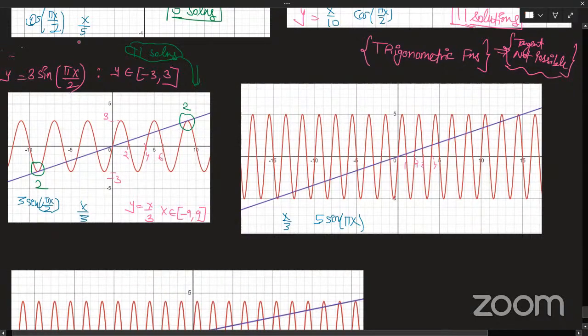Okay. So I have x by 3 and 5 sine pi x. Can you tell me number of solutions? Number of solutions कितने दिख रहे हैं? 32, sir.